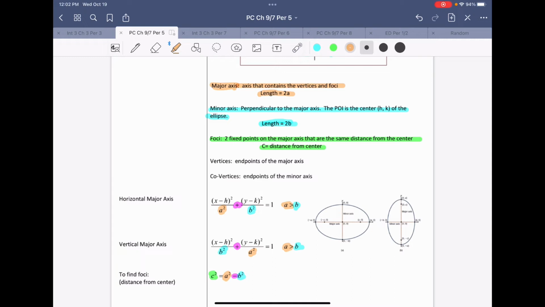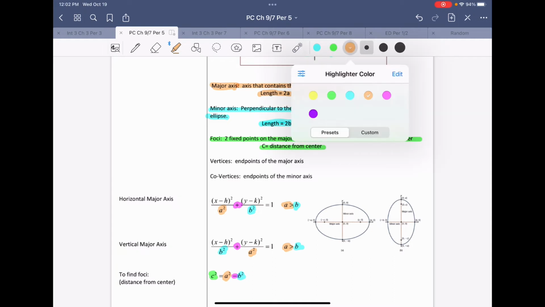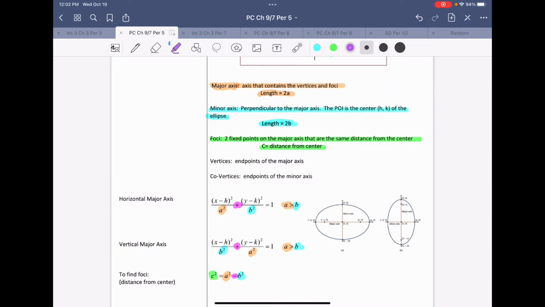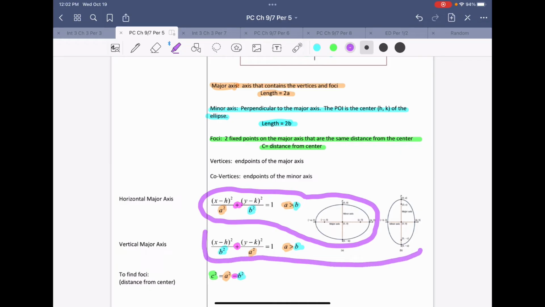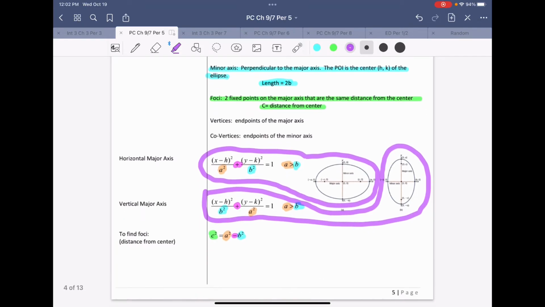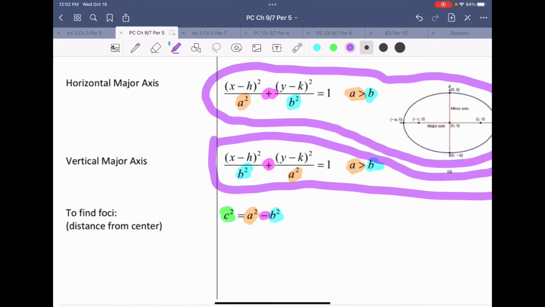Let's just use purple. When A is under X, you're going to get a sideways stretched ellipse. Whereas if A is under Y, you're going to get a vertically stretched ellipse. So that was super important, especially the C equation, distance from the center to the foci. Our C equation always has a minus for ellipse because the ellipse has plus.